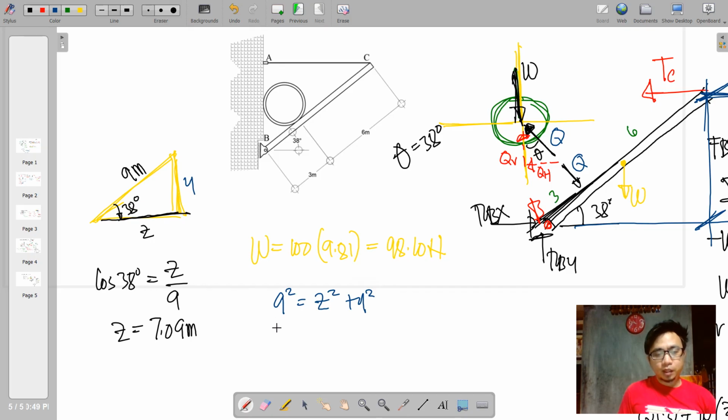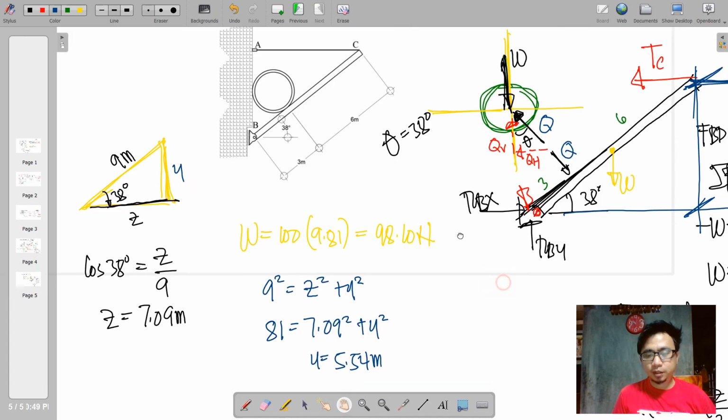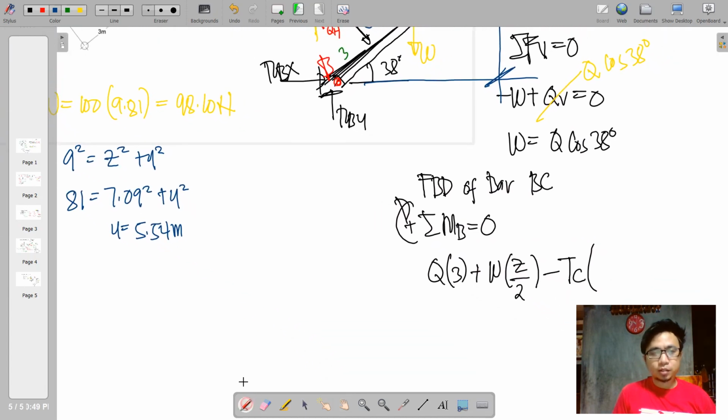Hence, 9 times 9 is 81, and Z is 7.09 squared. Then we can get the value of Y. The value of Y is 5.54 meters, so we can place it here, 5.54 meters, and this equates to 0.